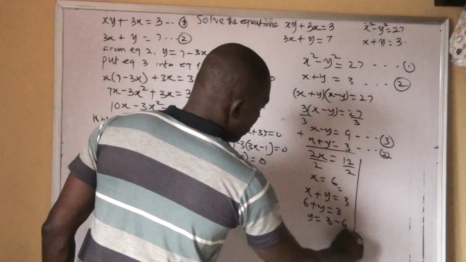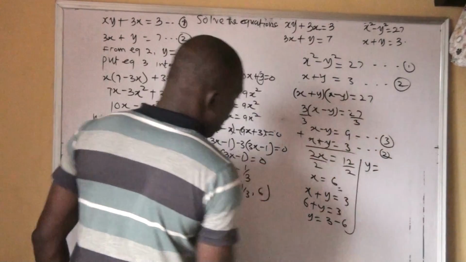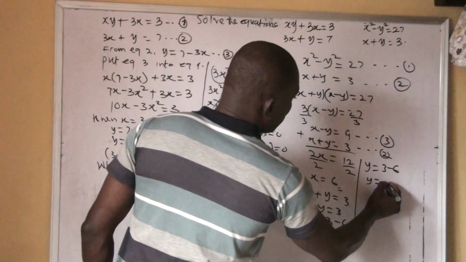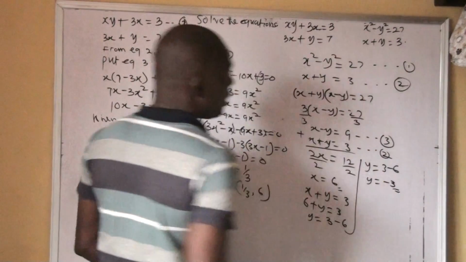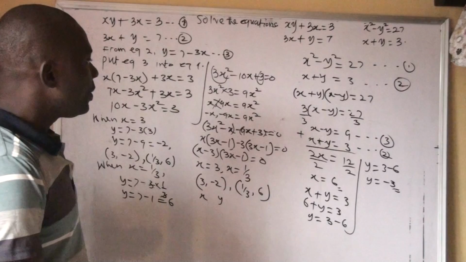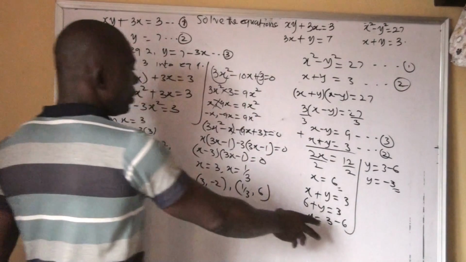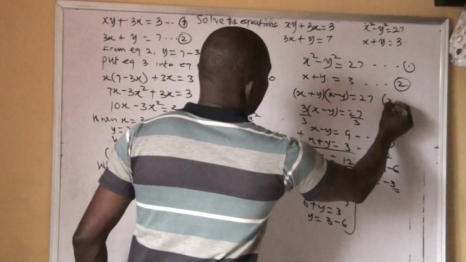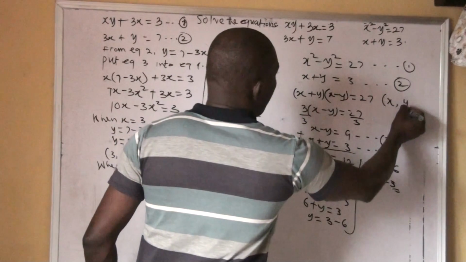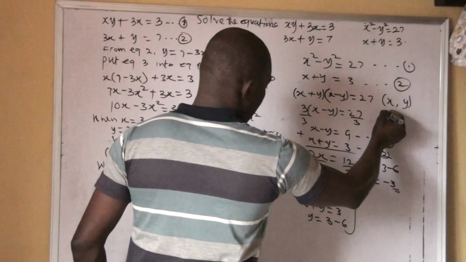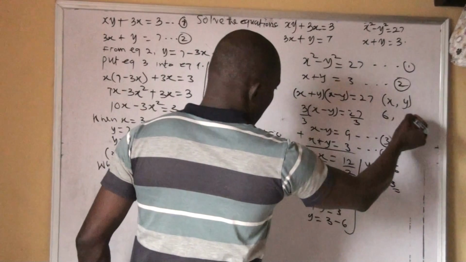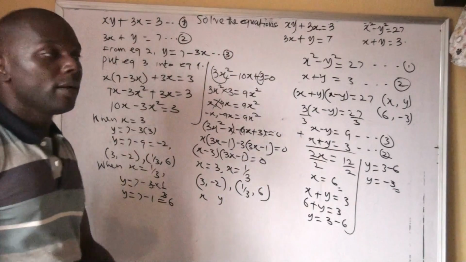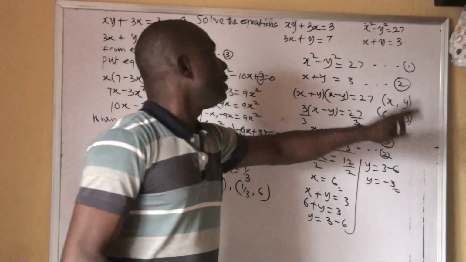So y is equal to negative 3. Now from this equation, the value of (x, y): x is 6 and y is minus 3. So these are the values that satisfy this equation.